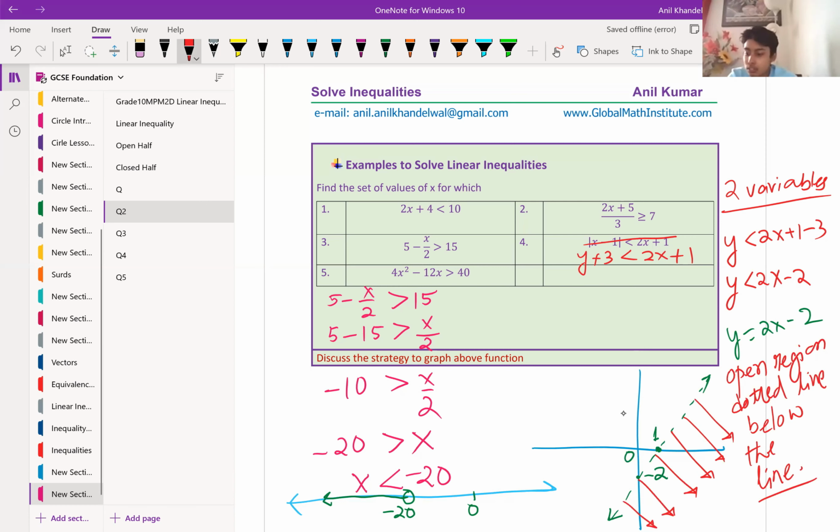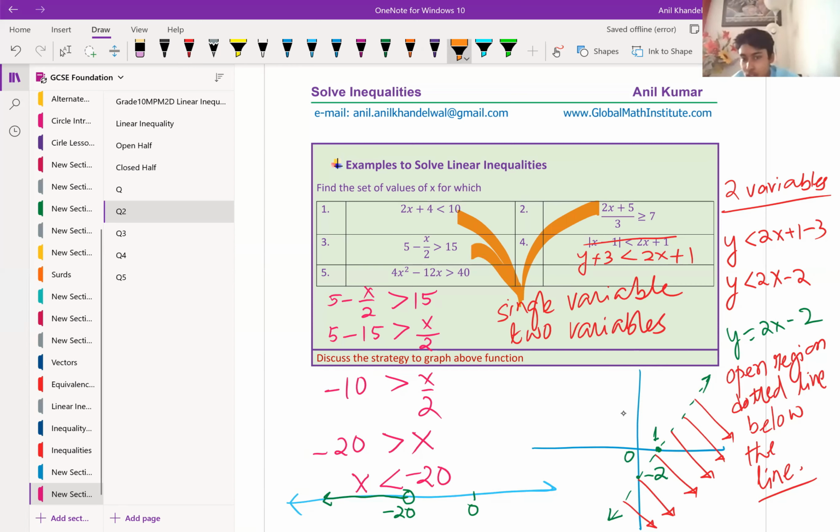Yes, sir. So far, we have looked into inequalities with a single variable and with double variables, or two variables. Okay, sir. When it is a single variable, of one of those types, the solution will be on a number line as shown here.